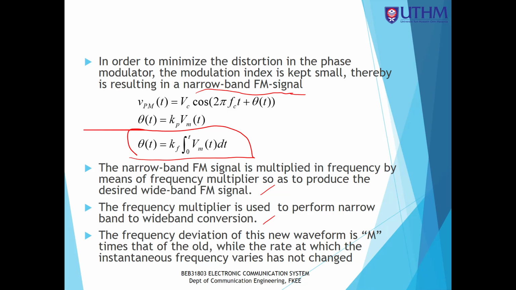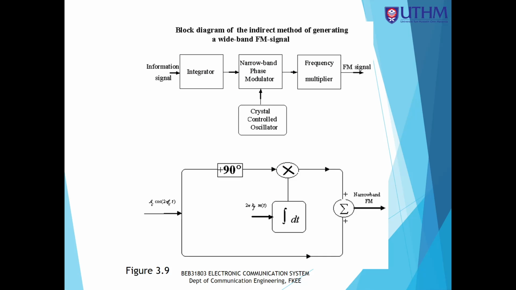Okay, so gambar rajahnya ada seperti ini. Yang di bahagian atas adalah block diagram. Okay, mula-mula masuk ke dalam integrator, so it will do the process of integration, and then you will modulate with the carrier.